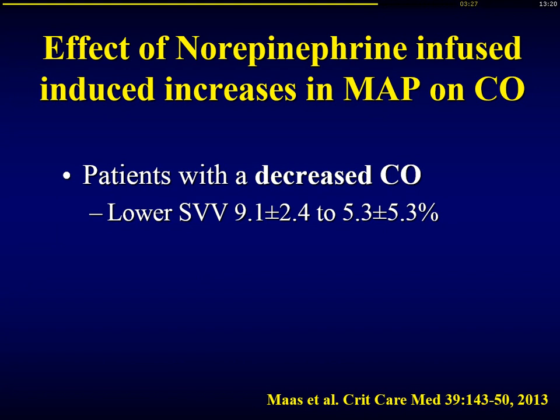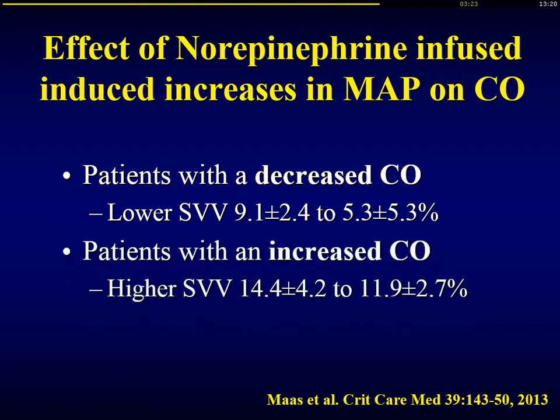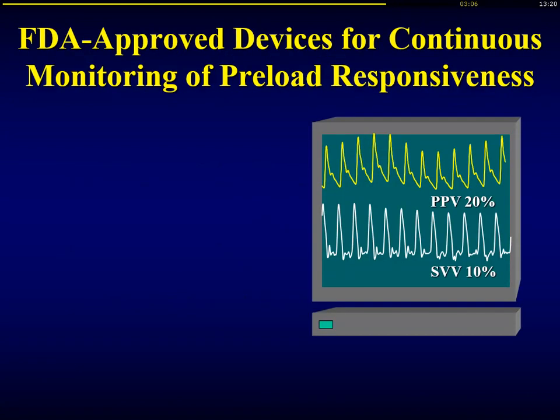They had impaired cardiac reserve. The patients who had an increase in cardiac output, on the other hand, their baseline level of stroke volume variation was 14.4. So using the stroke volume variation, we could have identified ahead of time that they could handle the extra reserve. And I get it for free. It's right in front of us.